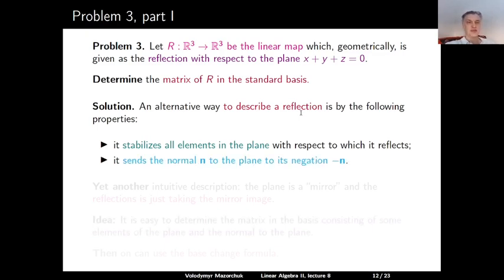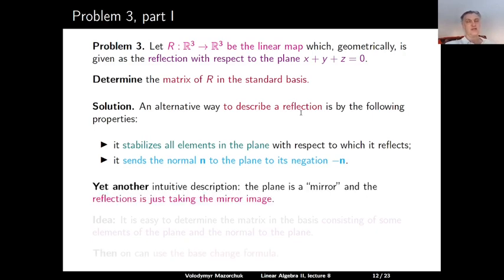And the second property, it sends the normal vector n, the normal to the plane, to its negation minus n. And intuitively one can think of a reflection as if our plane is a giant mirror and the linear operator R is the operator of taking the mirror image of the vector with respect to this mirror.